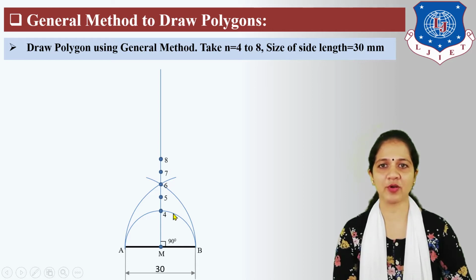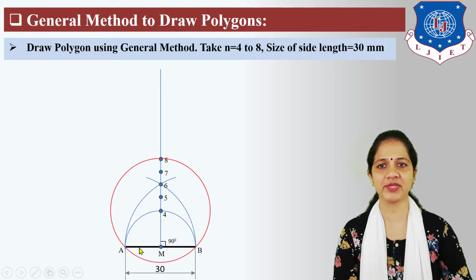If you want to draw a square, then select center 4, radius 4 to A or 4 to B, and draw one circle which is passing through points A and B. For square construction, we need to find a total of 4 points on the square circle. Here 2 points are already fixed.